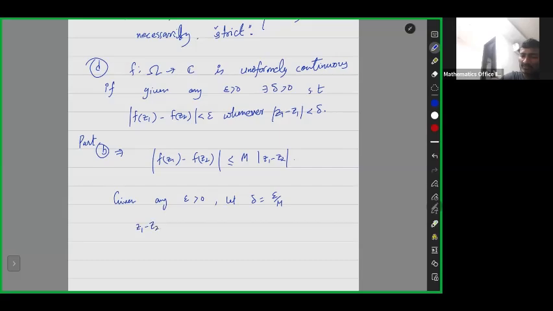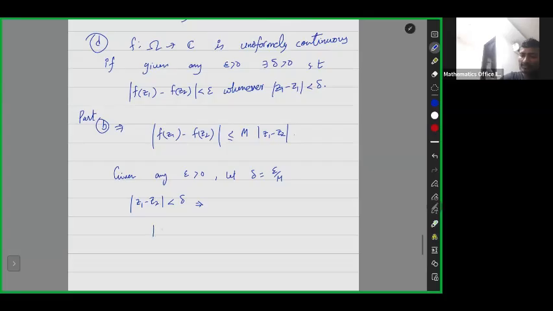Modulus of z1 minus z2 less than delta implies modulus of f(z1) minus f(z2) is less than or equal to m times modulus of z1 minus z2, which is less than m delta, because modulus of z1 minus z2 is less than delta, but m delta is equal to epsilon. This implies that f is uniformly continuous.